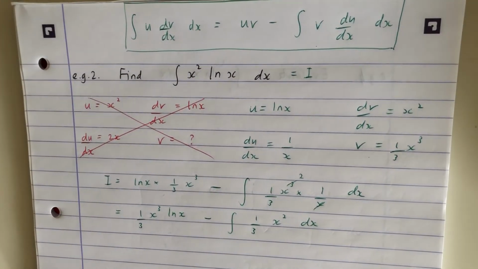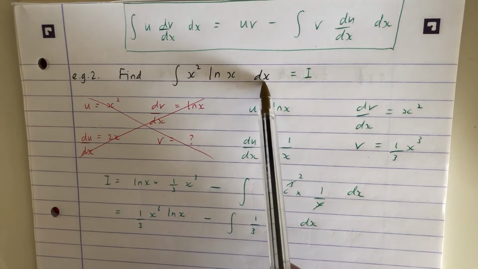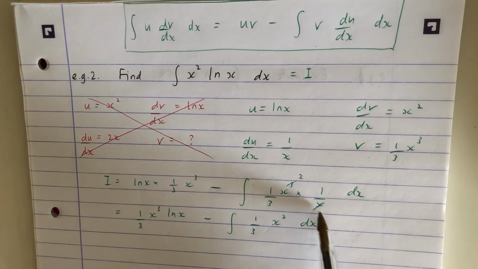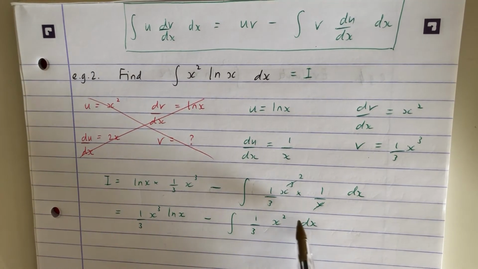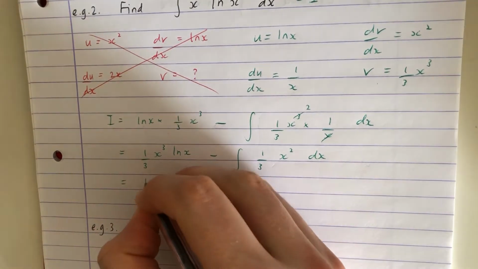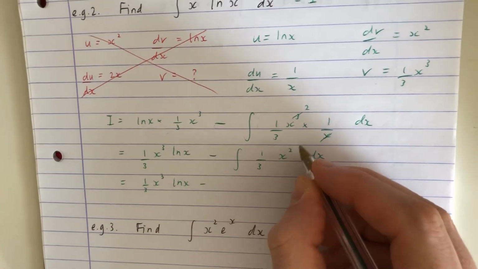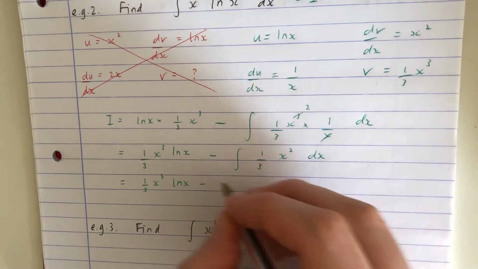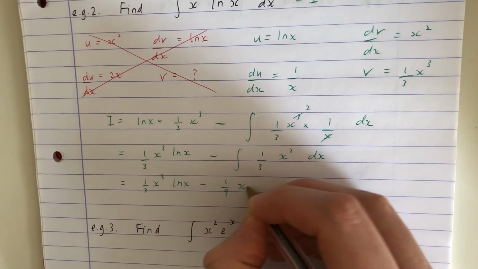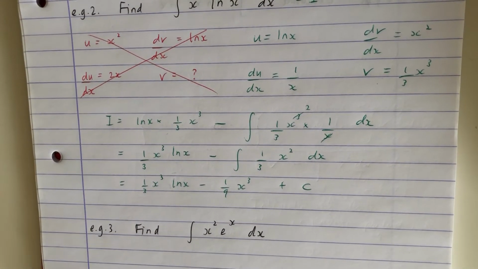And if we compare what we started off with, x squared ln x with respect to x, to what we have to integrate now, this is a lot easier. And we can do this: a third x cubed ln x, add 1 to the power, divide by the new power, so you get a ninth x cubed plus c. Again, just write the plus c in right at the end.